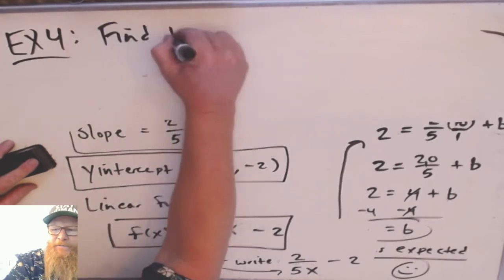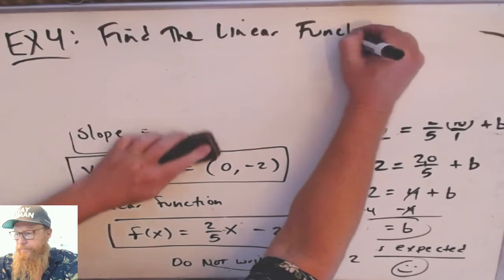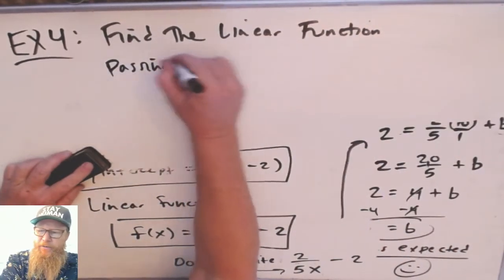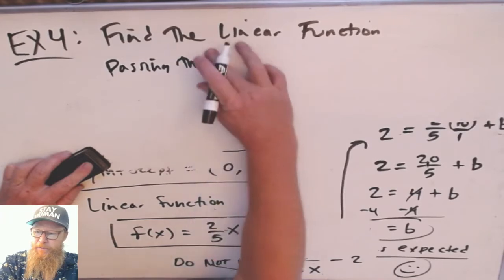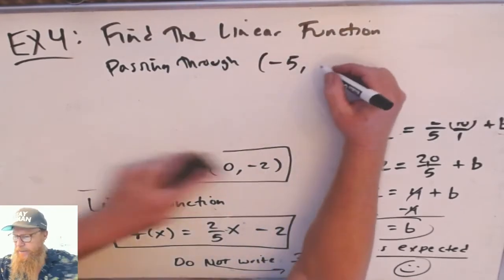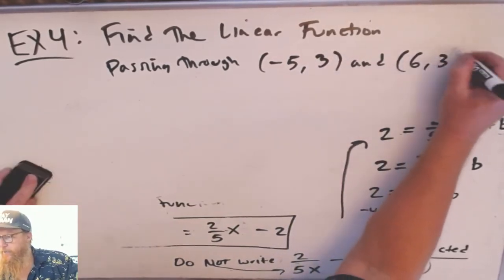Same question, find the linear function passing through -5, 3, and 6, 3.